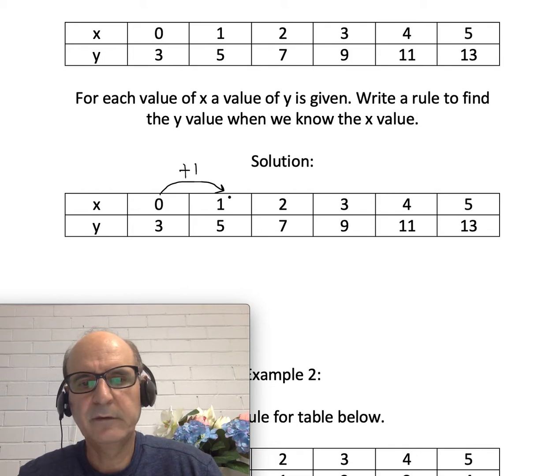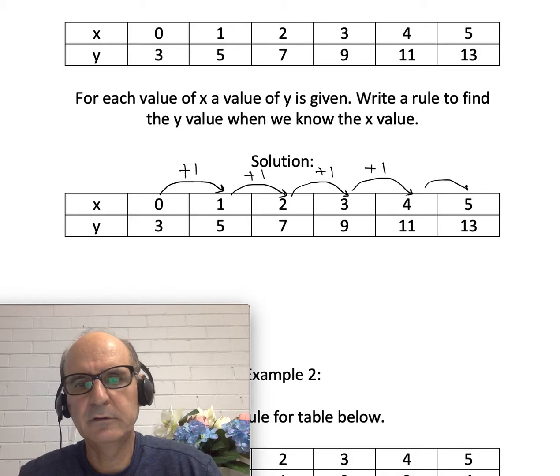Then the next one is gone up from 1 to 2, again gone up by 1. From 2 to 3, gone up by 1 or added 1. And so on. So we add 1, so you get 4, and add 1 to get 5. So when we are sure that this has happened, then we do the next step.